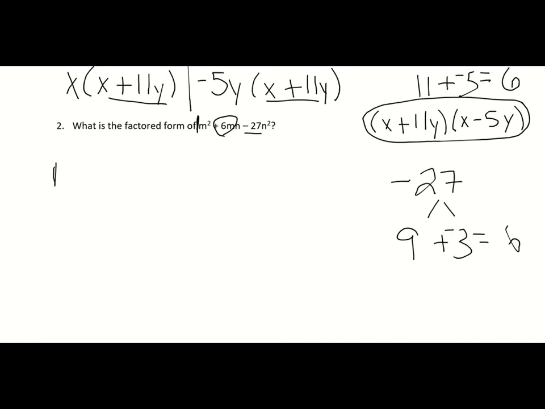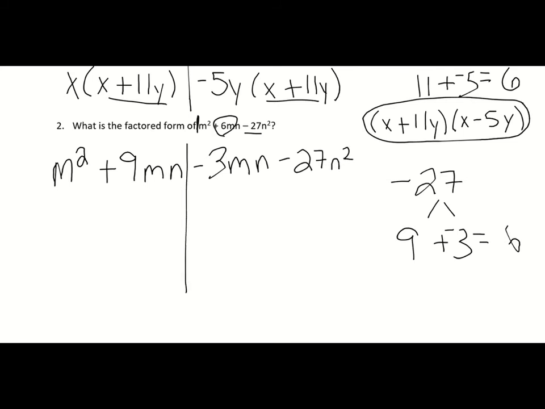So when I rewrite, it's going to be m squared, but instead of just plus 9m, it's 9mn, since there were two variables, minus 3mn minus the 27n squared. Cut it in half to get two binomials and factor by GCF. So it's m plus 9n on the left.